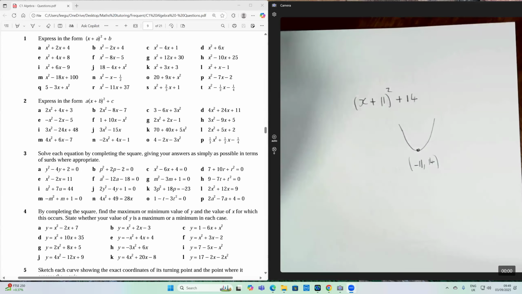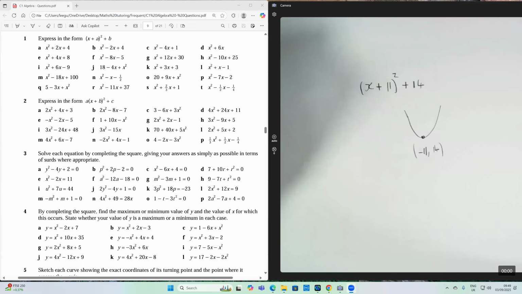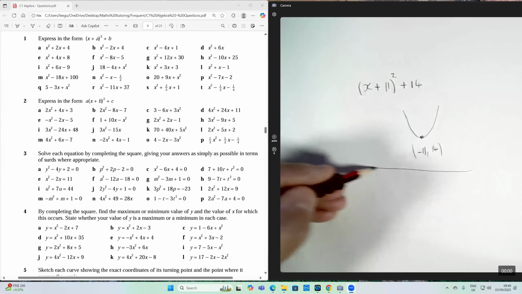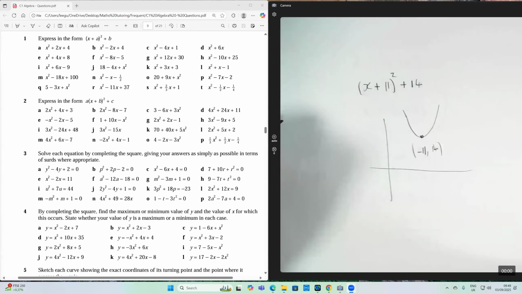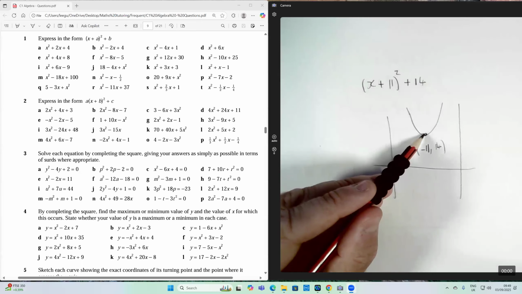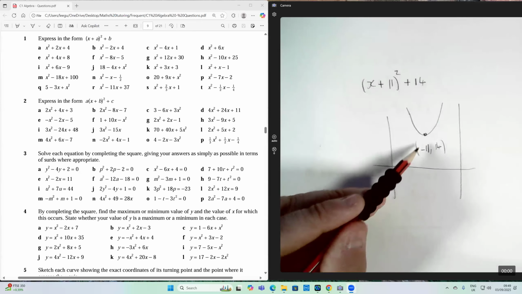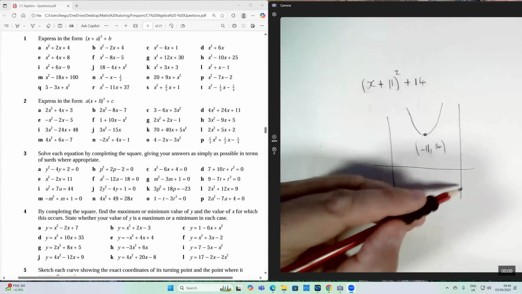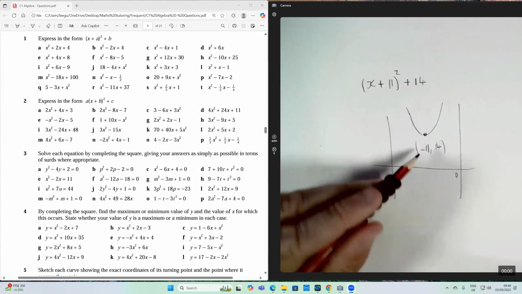Now, where this comes to be really useful, both at GCSE and in particular at A-level, is we might have questions where we've got to say, for example, prove that a particular quadratic is never less than 0. The reason why completing the square would really help us out there is because we'd be able to see that for this particular turning point, the x value is −11 and the y value is 14.